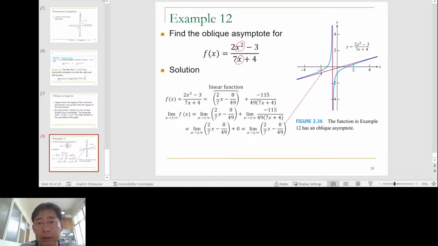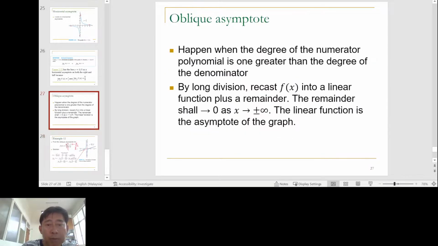For example, here the numerator is a polynomial of order 2, whereas downstairs is a polynomial of order 1. In this case, an oblique asymptote will develop when x tends toward plus or minus infinity. So that demonstrates the idea of an oblique asymptote.